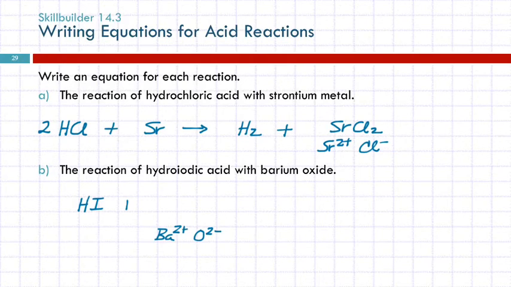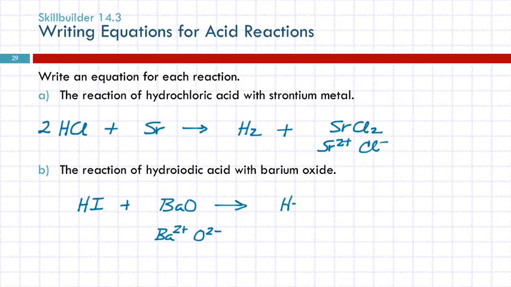So we have HI plus BaO. Well, we could make hydrogen and a salt, or we could make water and a salt. Here we've got oxygen, so we could make water.